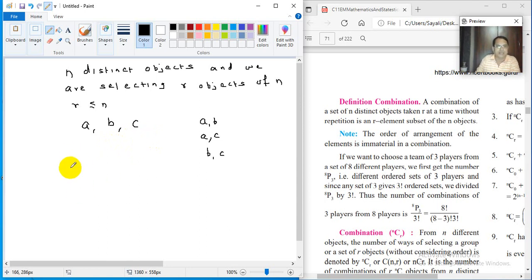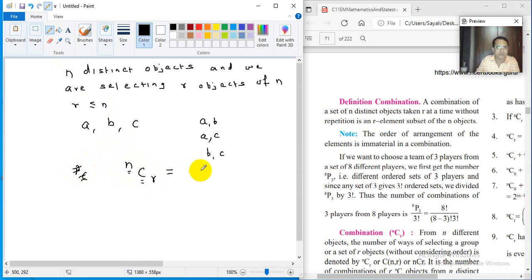मग जसं तुम्ही तिकडे परम्युटेशनमध्ये NPR हे नोटेशन वापरत होता तसं इथे NCR, sorry, instead of NPR, now you are going to use NCR. C stands for combination. Total objects we have to write at the top as a superscript and r as a suffix. So NCR, what does this denote?